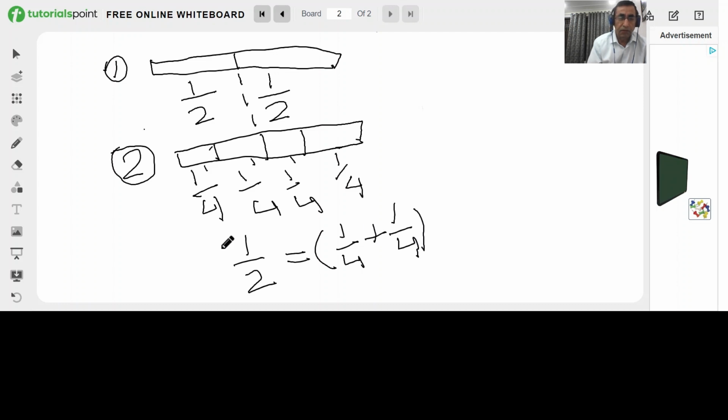We have taken 1/2 of this part and we have taken 1/4 of the second stick. 1/4 plus 1/4 means 1/2 is equal to 2 times 1/4. That also can be written as 2/4.